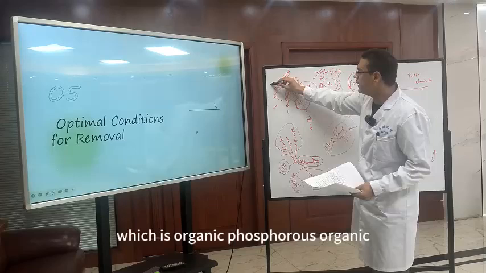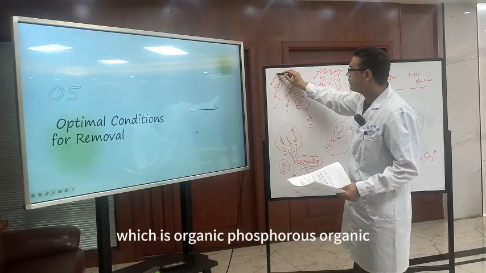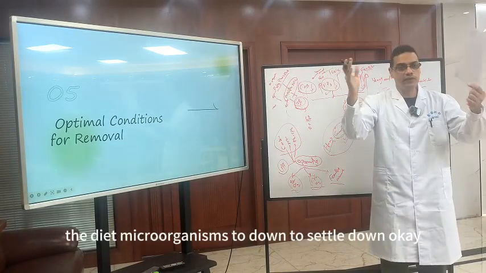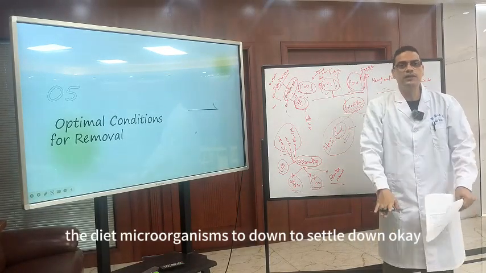Polyphosphate, which is organic phosphorus, can sometimes be precipitated with dead microorganisms to settle down.